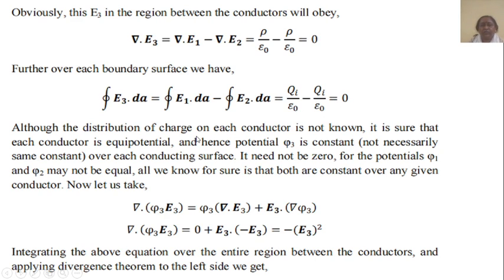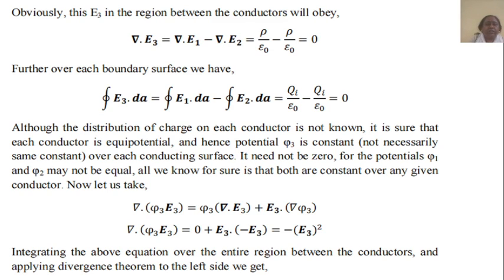Although the distribution of charge on each conductor is not known, it is sure that each conductor is an equipotential, and hence potential psi 3 is constant, not necessarily the same constant over each conducting surface. It need not be 0, since the potentials psi 1 and psi 2 may not be equal. All we know for sure is that both are constant over any given conductor.